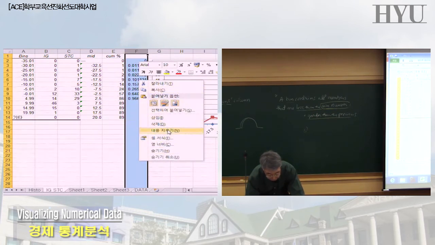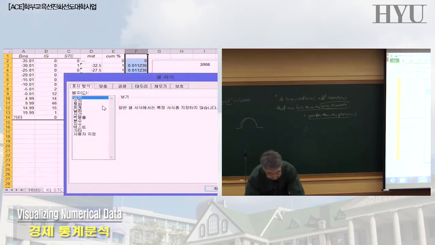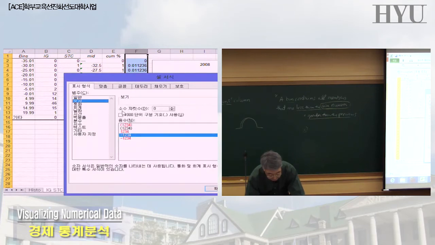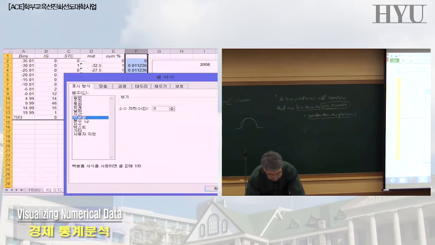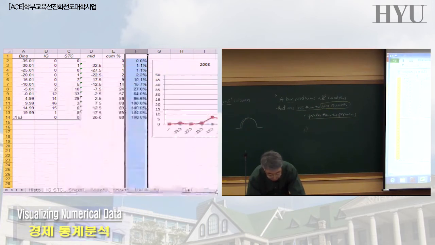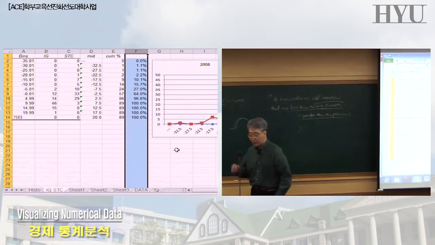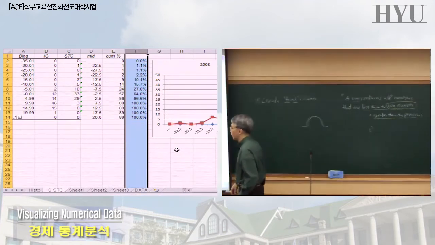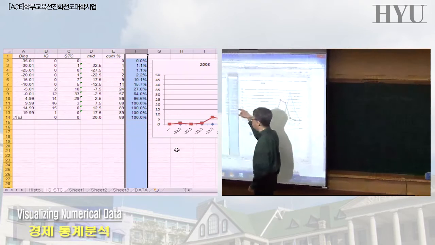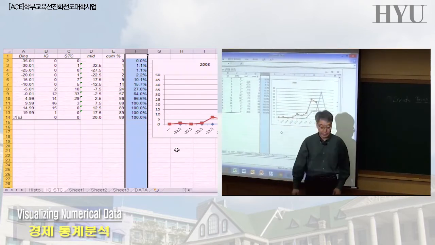Format, number, percentage, and let's say just one digit below the decimal point. So now we have a nice looking cumulative percentage for all these cells.